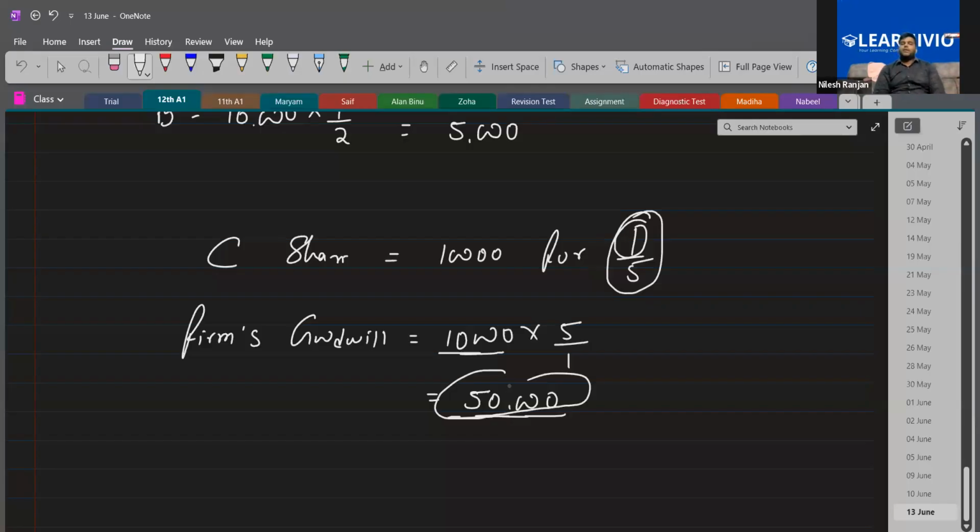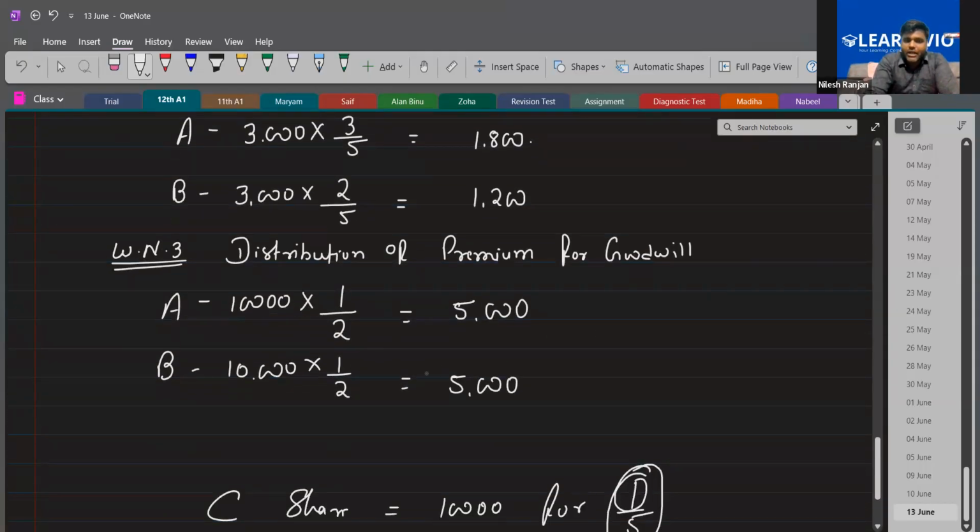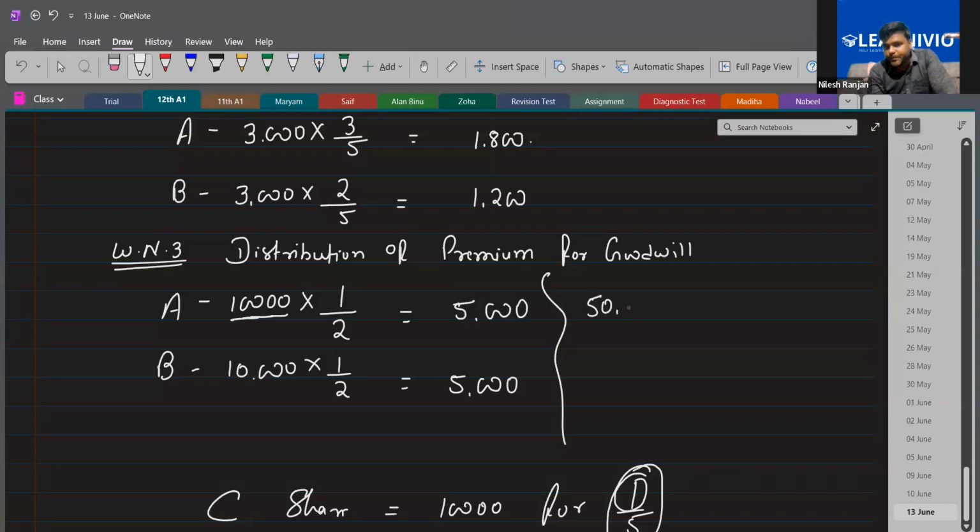Okay. Now, C share is 10,000. Firm's goodwill is 50,000. So this is the total goodwill, 50,000. Now, what I just said, that if you want to use the fraction 1 by 10, then you have to use total goodwill. And if you're using share of any partner, then you have to use a ratio. So here we have multiplied this with share of C. But now we have the value of total goodwill also, which is 50,000.